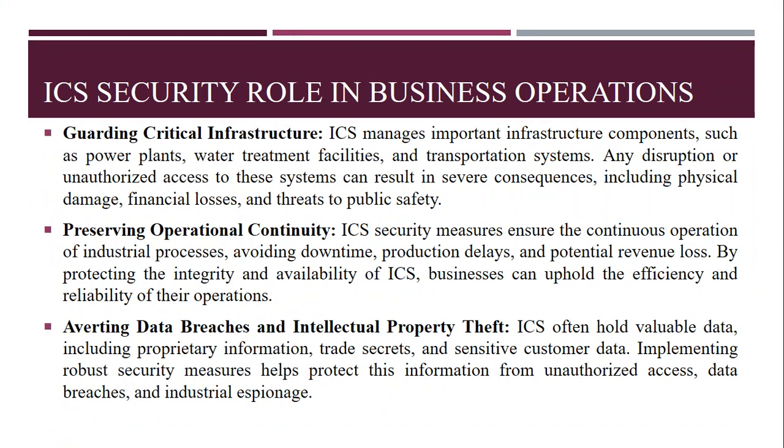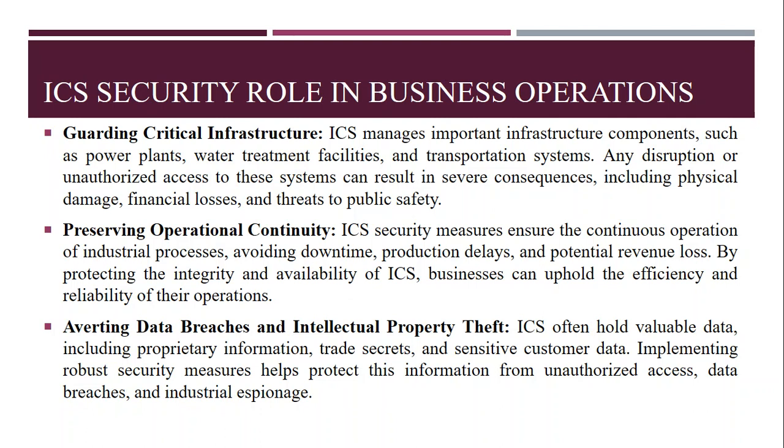Industrial control system security has roles in business operations. First of all, we have guarding critical infrastructure. It deals with the physical components which can be power plants, water treatment facilities, and transportation. Any issue or disruption in these physical components can lead to severe consequences or financial loss in industry.